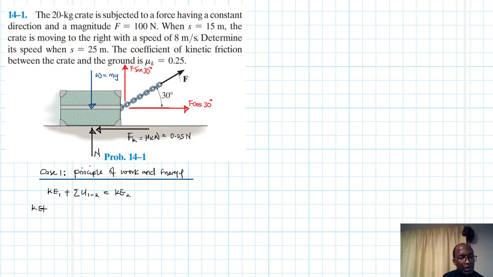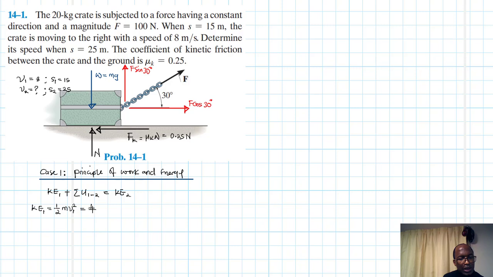Our initial kinetic energy K1 is equal to one half m V1 squared. Here V1 is 8 meters per second and S1 is 15. V2 we don't know, that's what we are looking for, and S2 is equal to 25 meters.